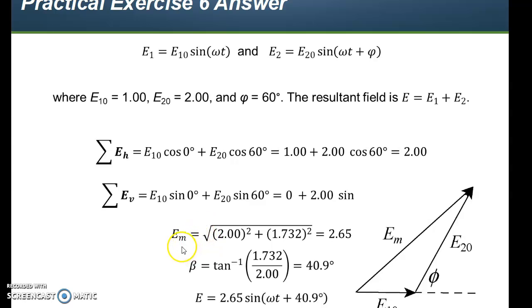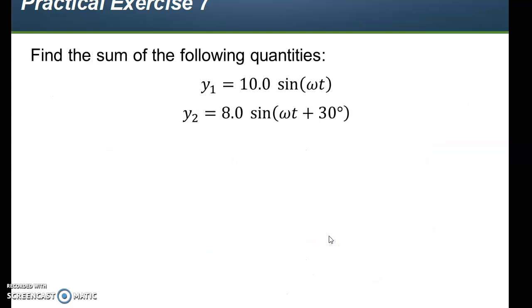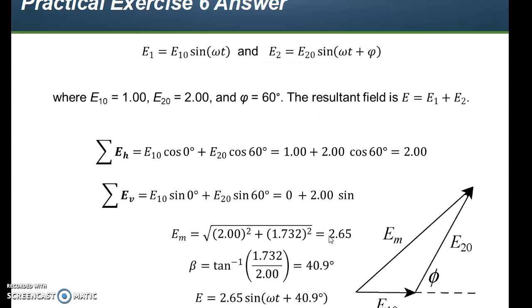Then to get the magnitude, you take the square root of the sum of the squares of these 2 values, the 1.732 here and the 2.00 here, and that gives you the magnitude of 2.65. To get the angle beta, that's the inverse tangent of this 1.732 divided by the 2, to give you a value of 40.9 degrees.